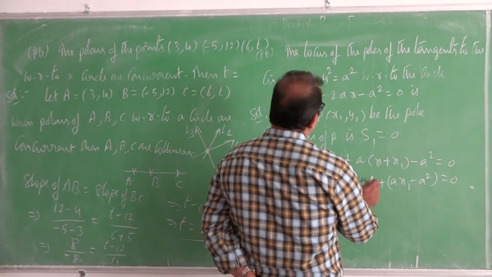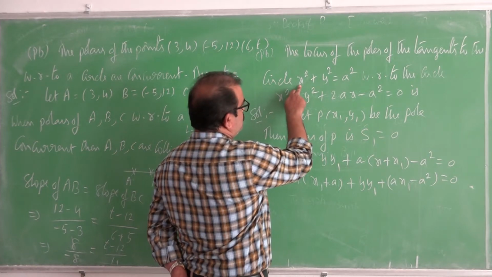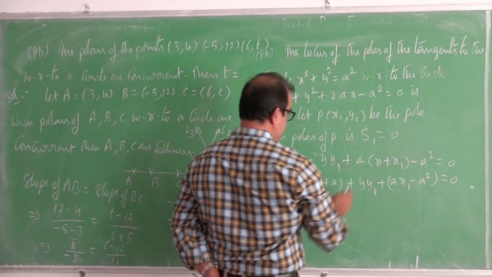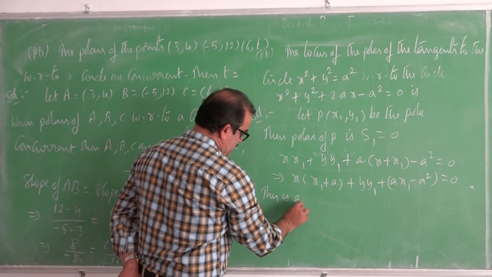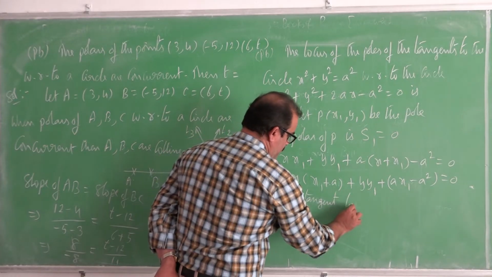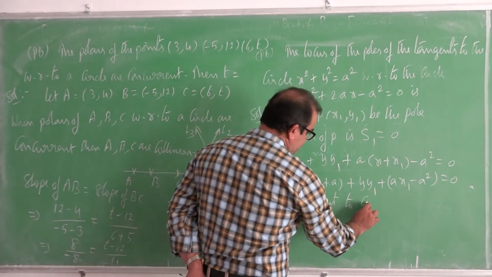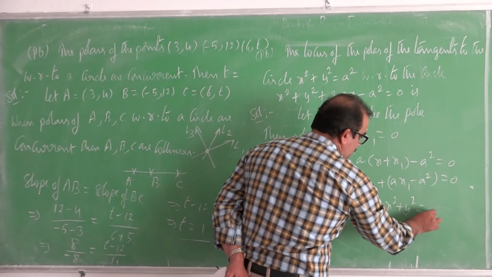Now what is given? This is the tangent to the first circle. This is a tangent to the circle x square plus y square is equal to a square.